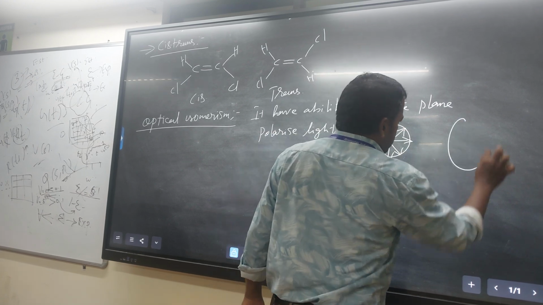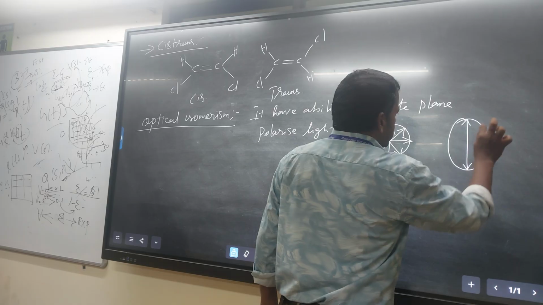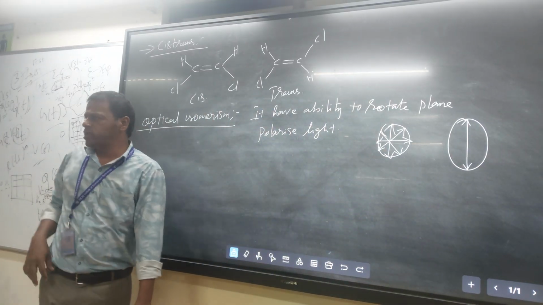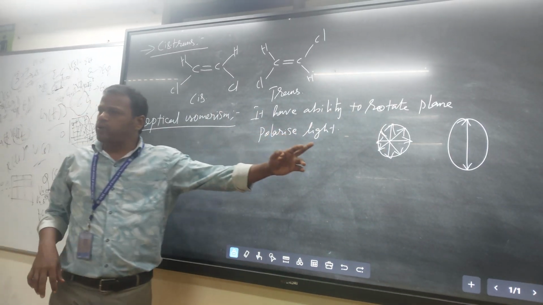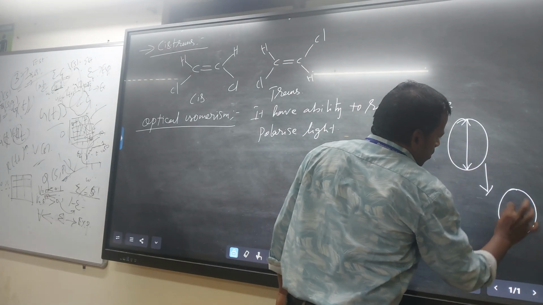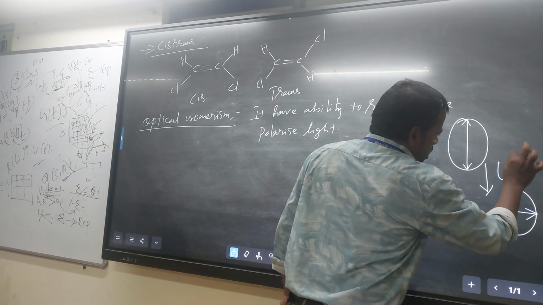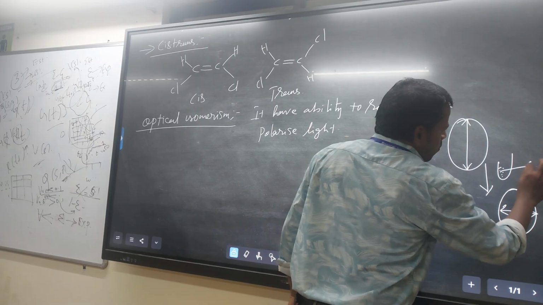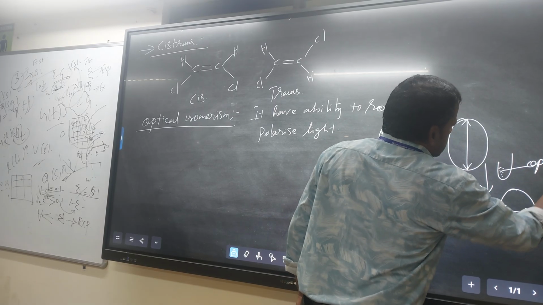Plane polarized light means it is polarized in only one direction. If you pass this plane polarized light through a solution and it rotates, it means this sample has optical isomerism.